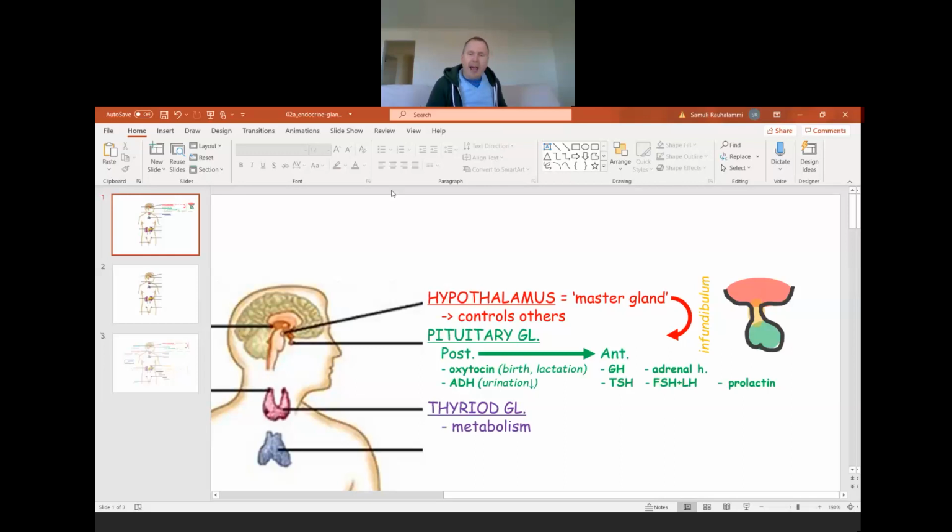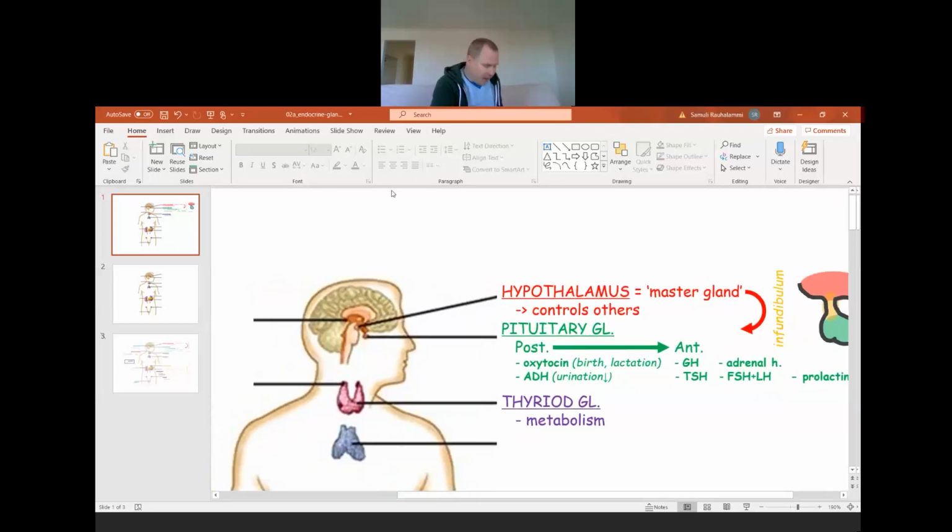For example, overactive, in which case we would not be able to gain weight, we would not be able to put on weight, even if the patient is eating, doing everything right. Or underactive thyroid gland, in which case you gain a lot of weight, even though you basically don't eat hardly anything. So the thyroid gland can be an issue behind that, but it's not always the definite issue. But that's something that we check.